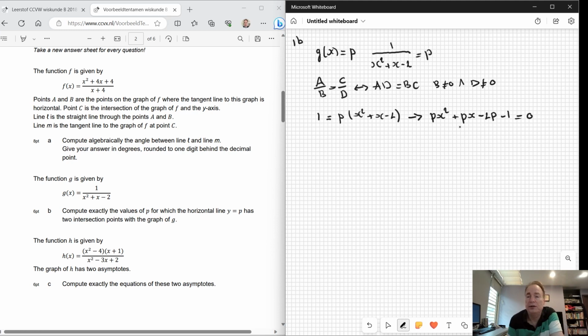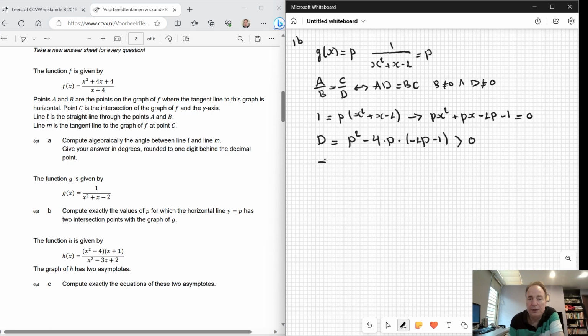The number of solutions is determined by the discriminant, which is given by p squared minus 4 times a, the coefficient in front of x squared, times the constant term here. And this has to be greater than 0 for it to have 2 solutions.